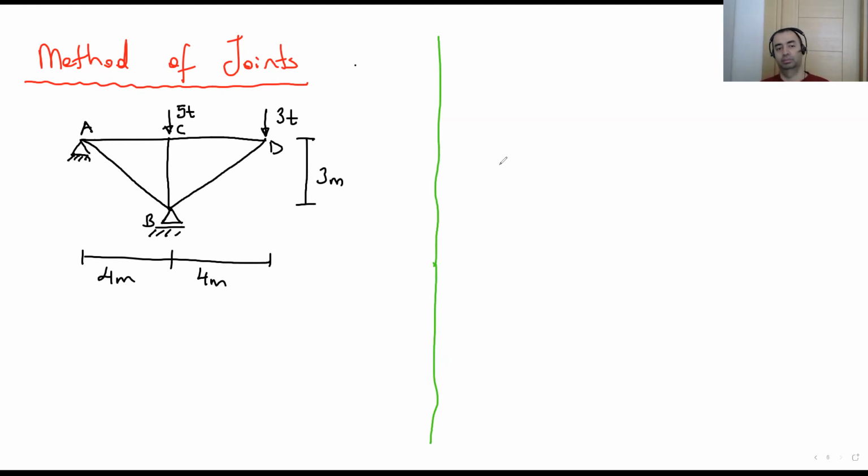Rule of thumb: if you get a structural system or a truss system, what do we do first to start the calculation? Go back to support reactions. When we get a system, we always first calculate the support reactions. That's important.